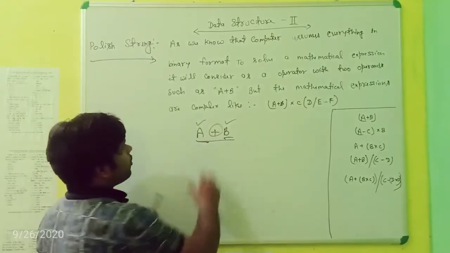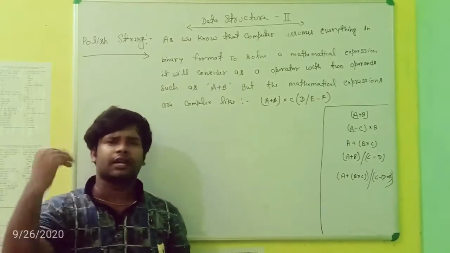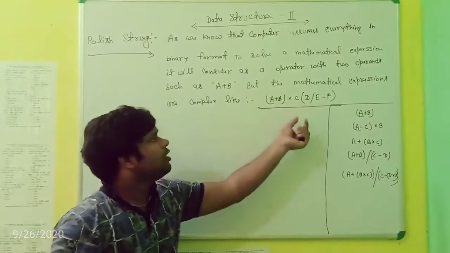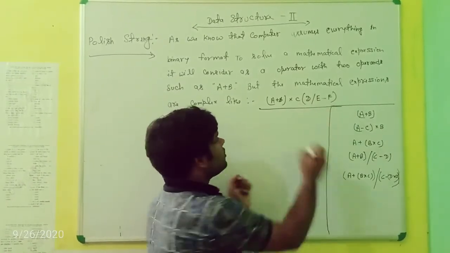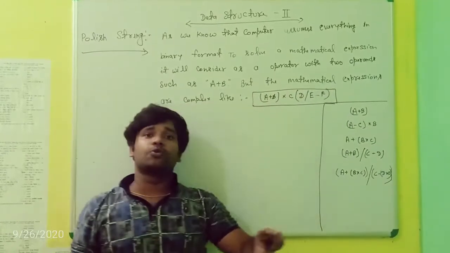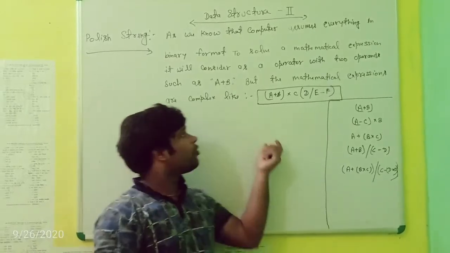But suppose the mathematical expression is like this: a plus b into c, d divided by e minus f. If your expression is like this, that means more than two operands and more than one operator are there, then how is the computer going to solve this expression?